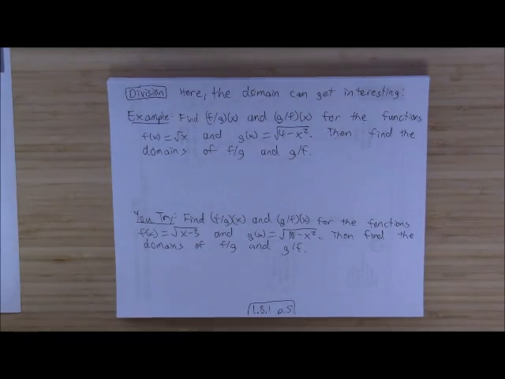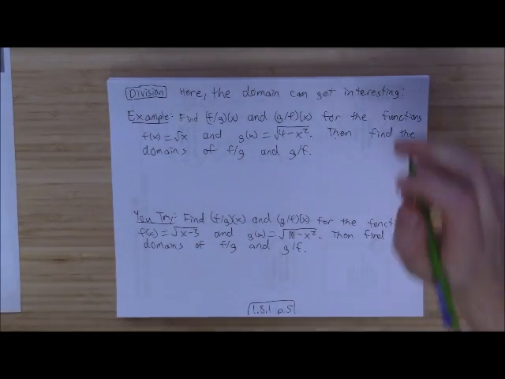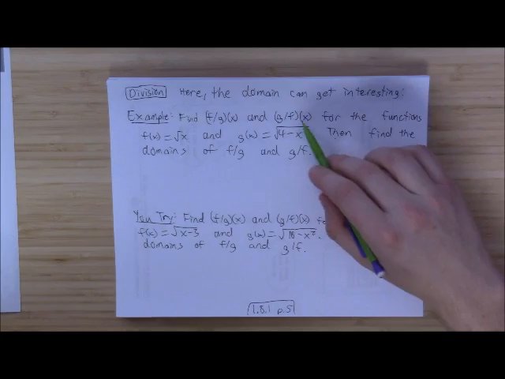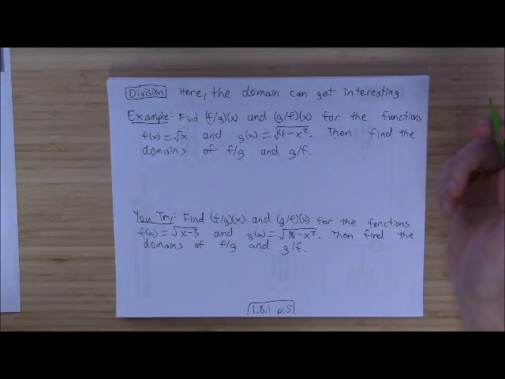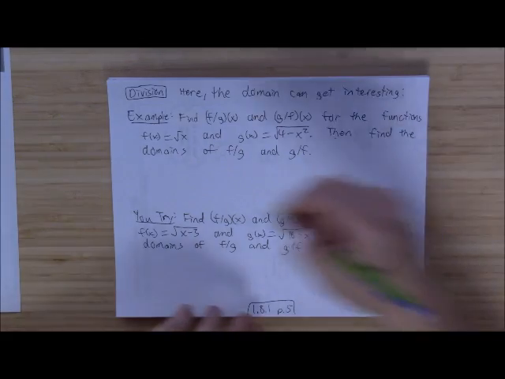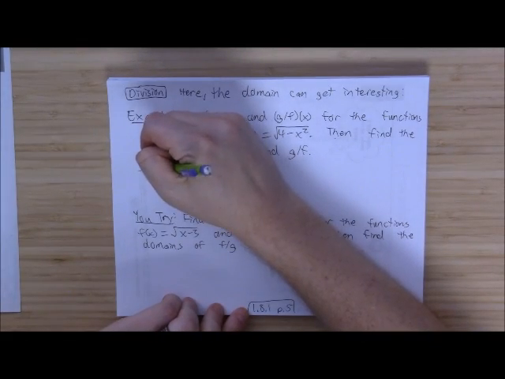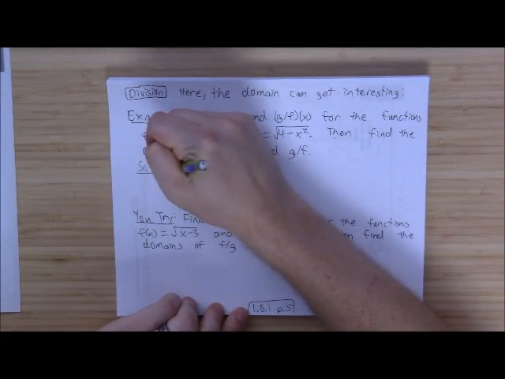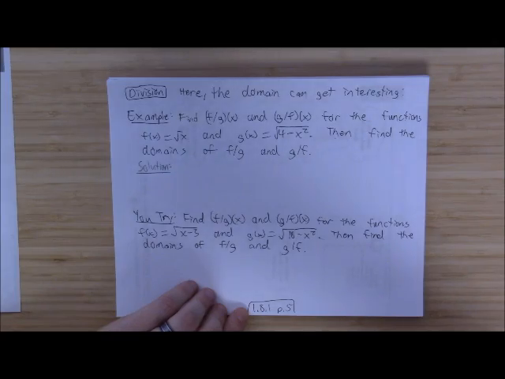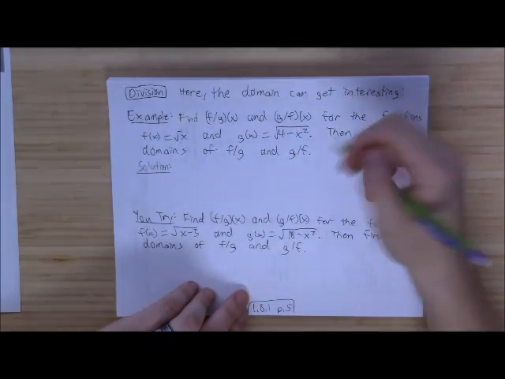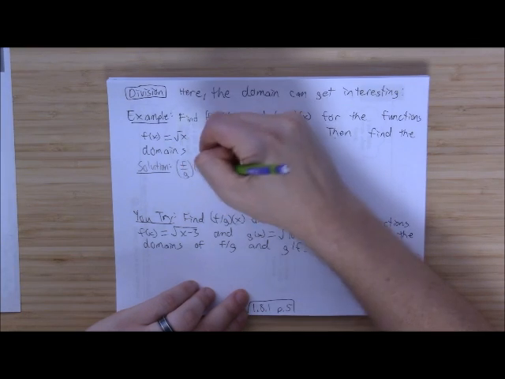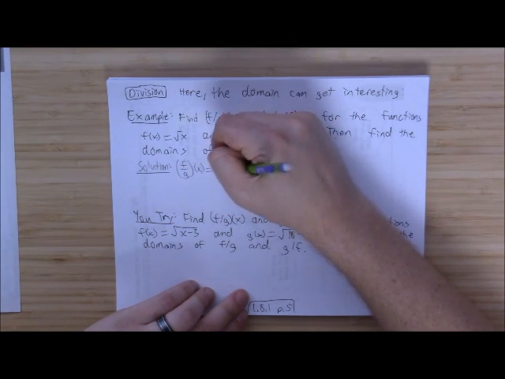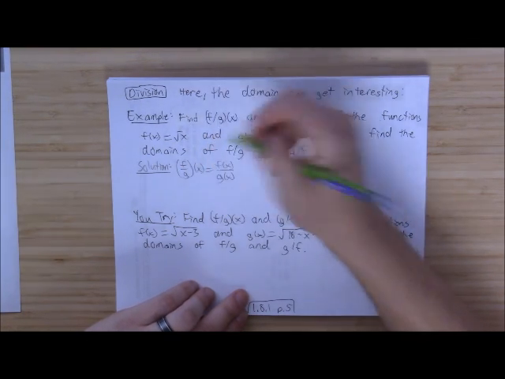So, for example, let's find f divided by g of x and the quotient function g divided by f of x as well, for the function square root of x and g of x. Then we're going to also find their domains. So, for our solution, we have here that f over g of x is f of x over g of x by definition.